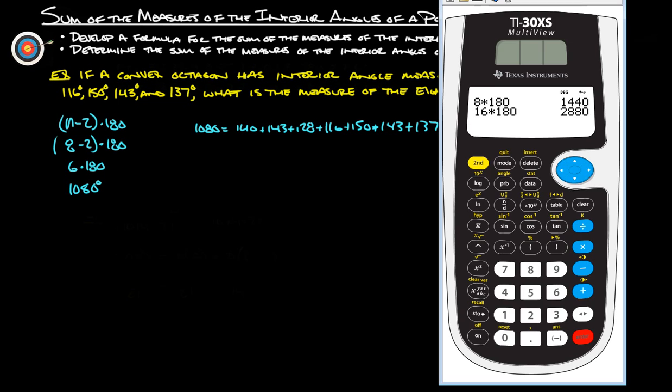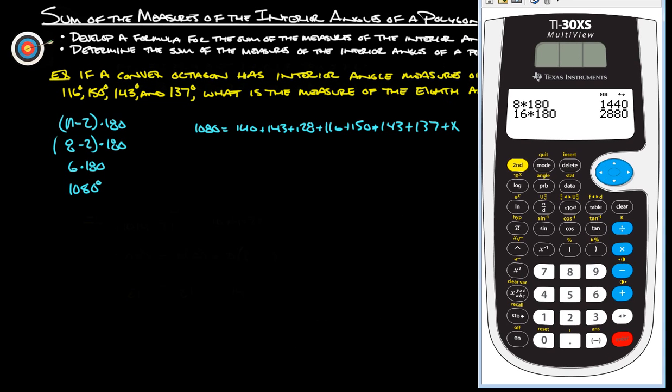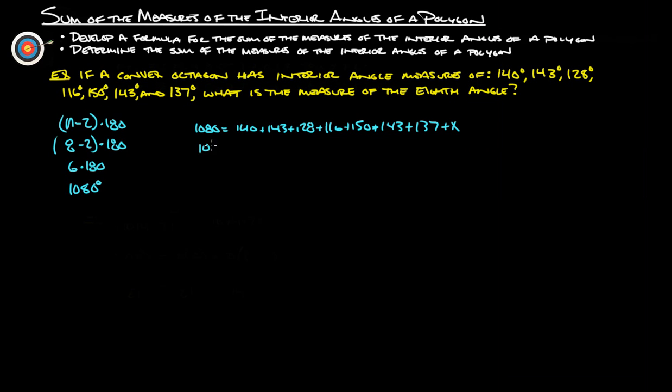Really, we're just going to add all these up and subtract whatever that number is from both sides, and it'll tell us what x is. So we added all those up and we get 957. So we have 1,080 equals 957 plus x.